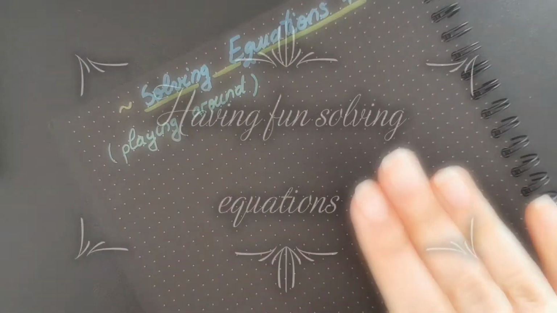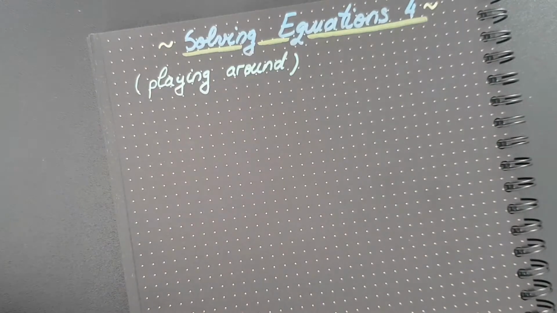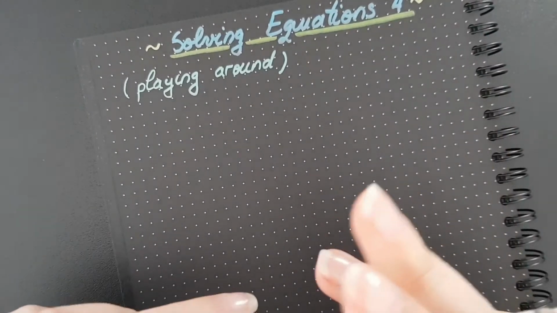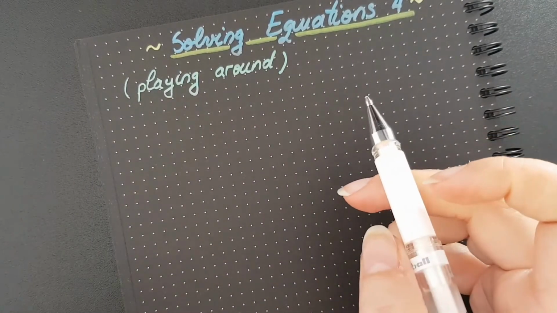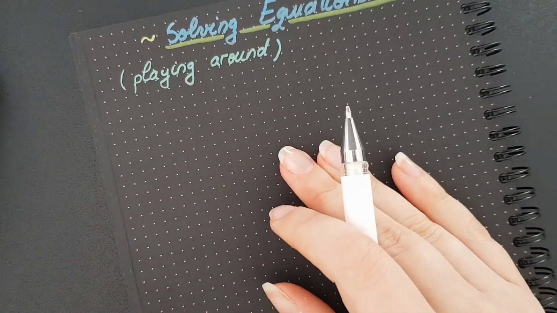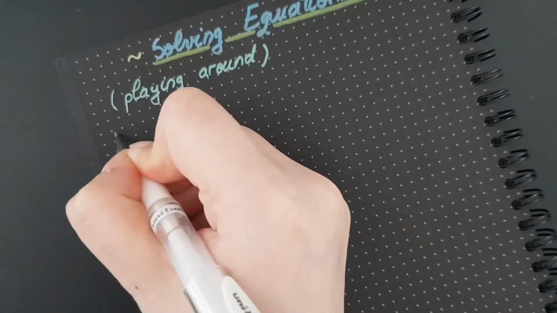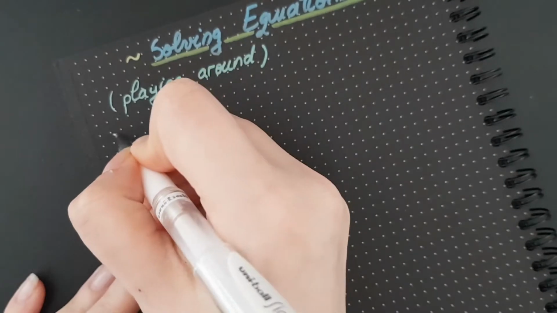Hi everyone, so in today's video I wanted to do more solving equations, and that's basically because this used to be one of my favorite topics at school. So I just want to play around with an equation and see how many different ways I can solve it, because I think this is incredibly fun and interesting, and you get to see different ways.